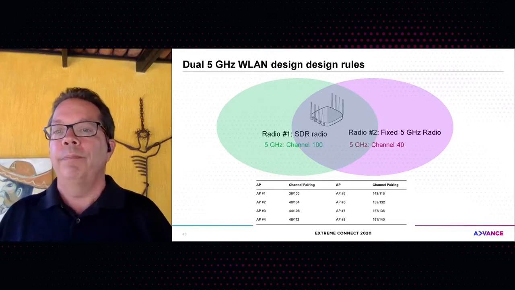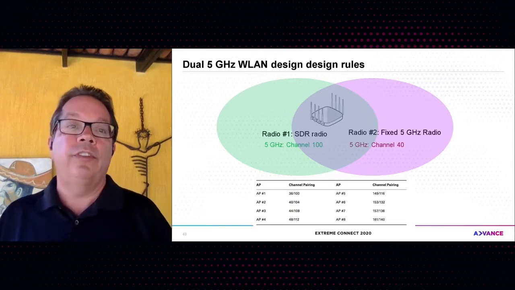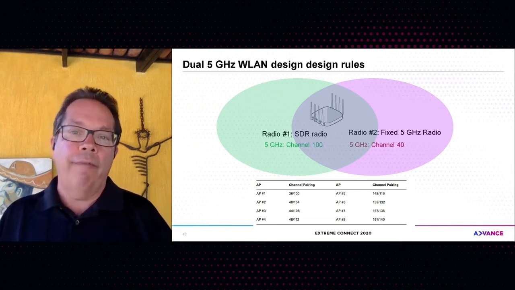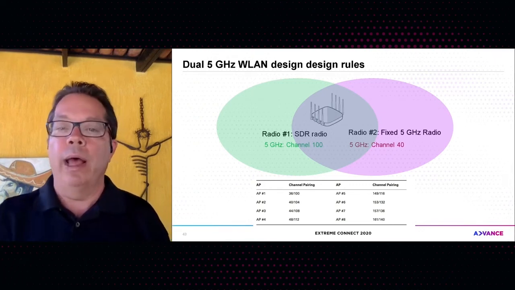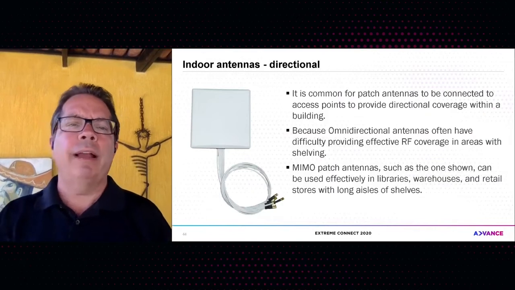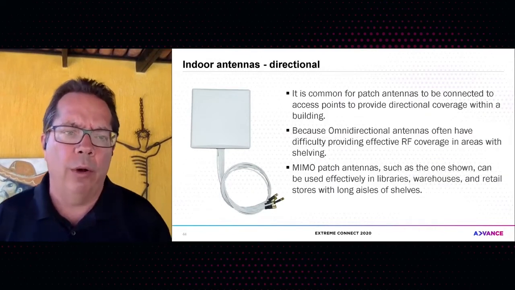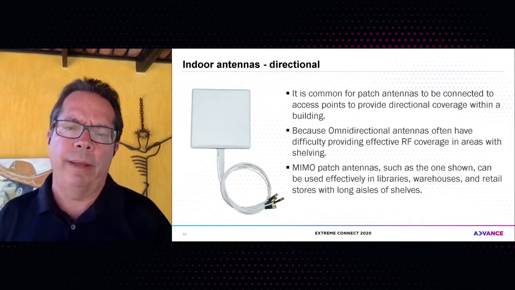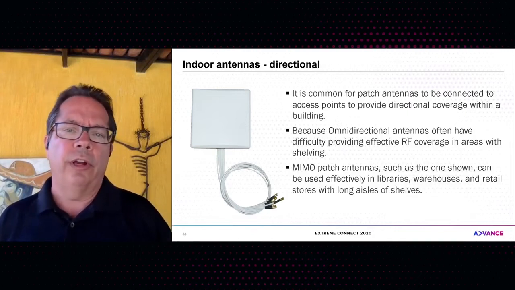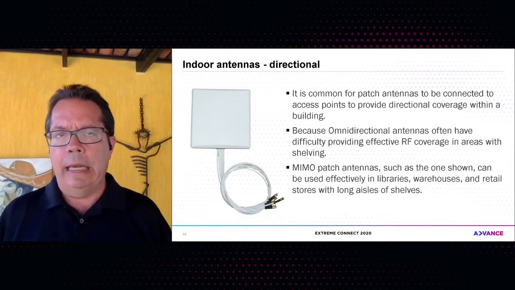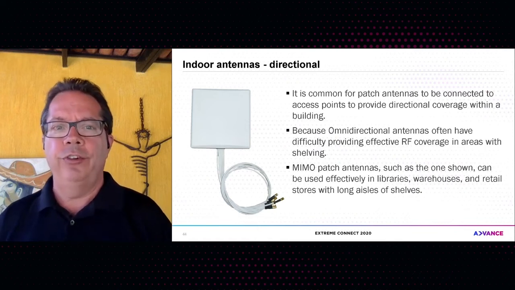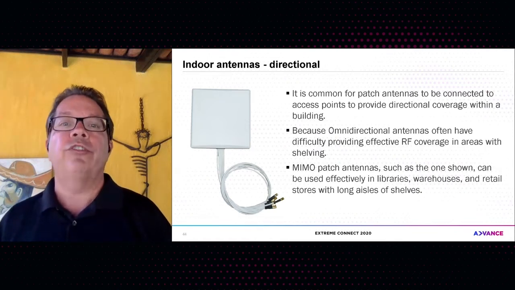But used effectively, this is a winner, and obviously you have to have the DFS channels as well. I'd probably recommend not using 40 megahertz with dual 5 gigahertz and sticking to 20 megahertz. Always exceptions, though.